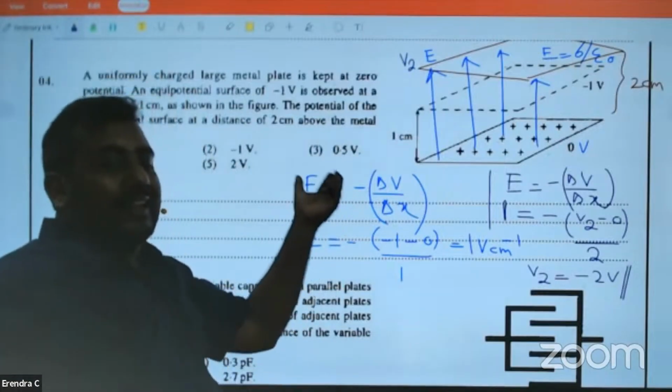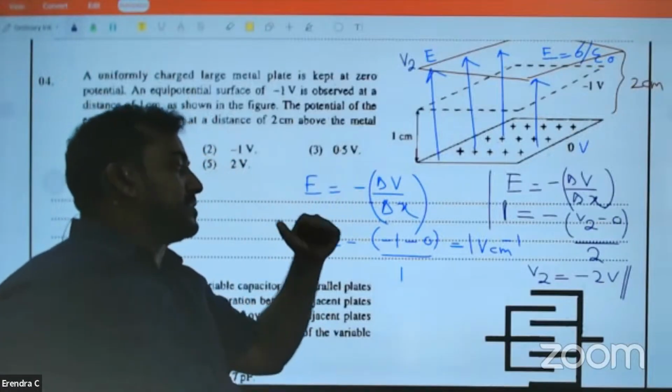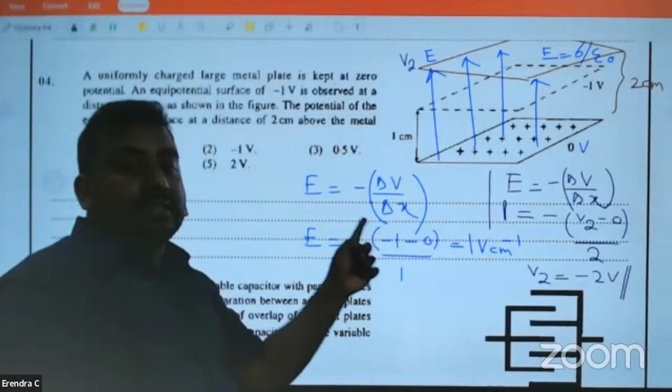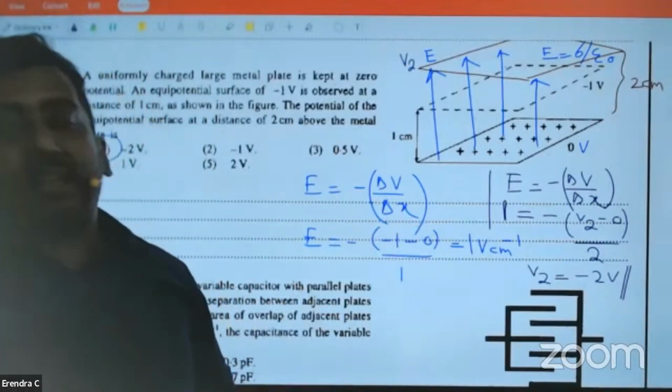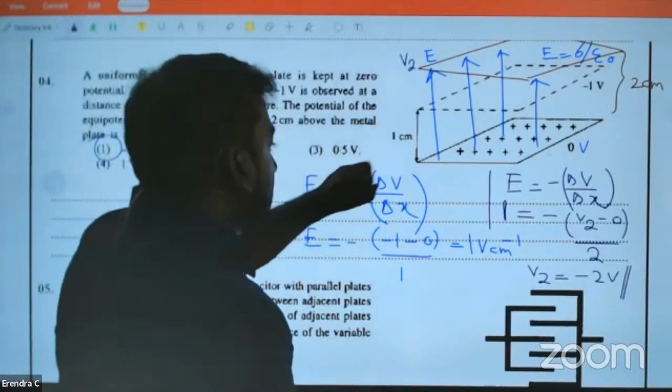Also, we know that the electric field strength is equal to the negative potential gradient.